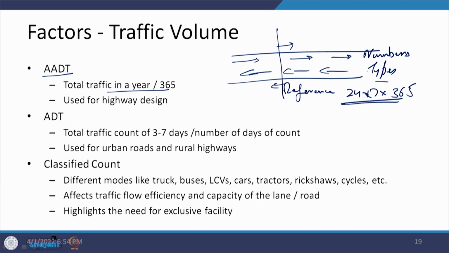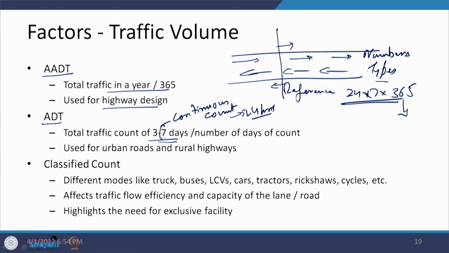to give you AADT. And this is the thing which is usually used in most of the highway designs or the high speed facilities, multi lane facilities and all those things. When you talk about only ADT, then what we do is that instead of going for 365 days, we will go only to 3 to 7 days time period, but again this is a continuous count for those 3 to 7 days, means you are doing it for 24 hours a day for these 3 to 7 days.